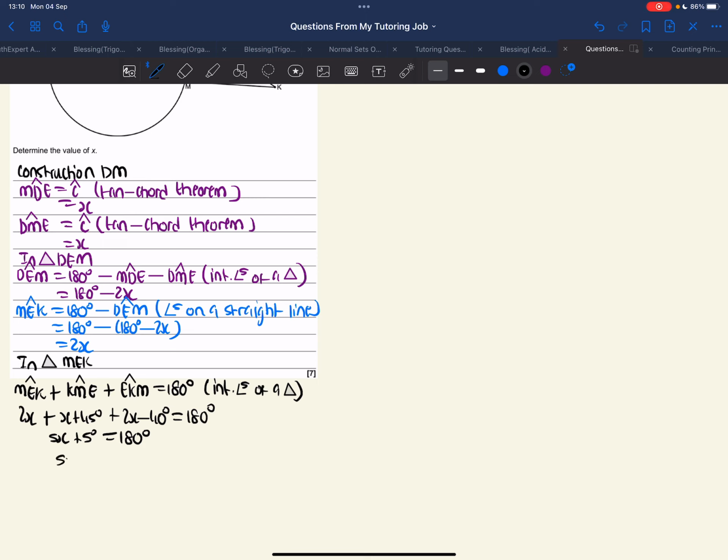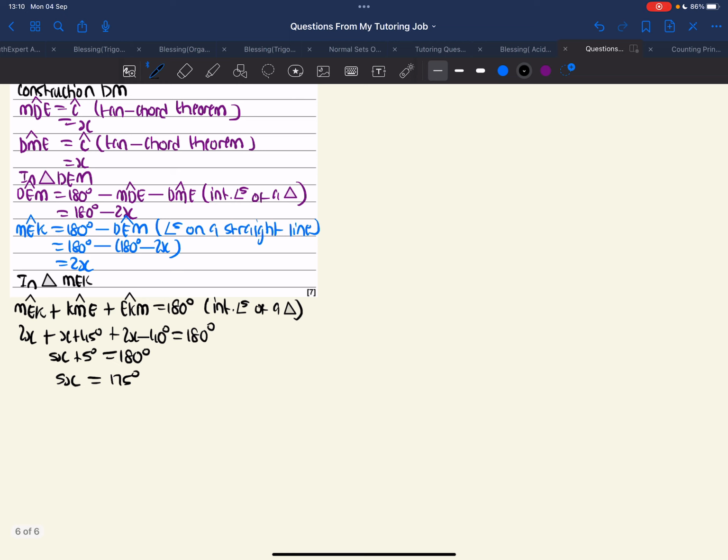Take the 5 to the other side: 180 minus 5 is 175 degrees. Then divide both sides by 5, and the answer you should get is that x is 35 degrees.